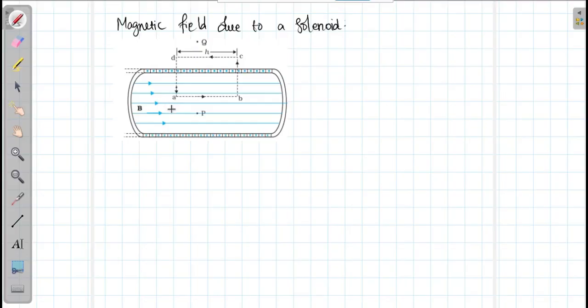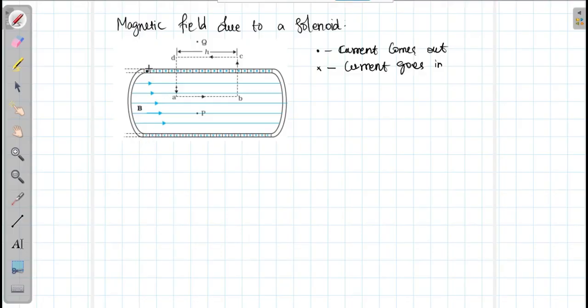The dots represent the current coming out, and the cross mark represents the current going in, out of the plane of paper and into the plane of paper.